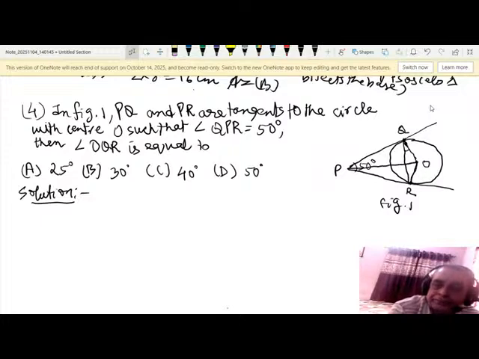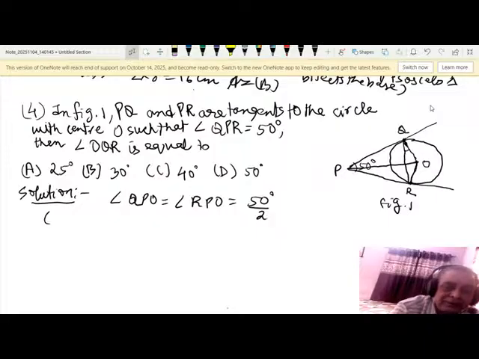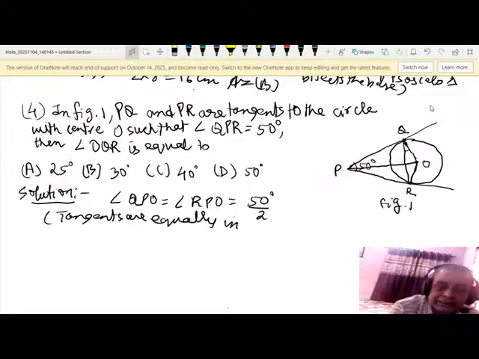Now here the angle QPO is equal to angle RPO, each half of 50 degrees. Reason: tangents are equally inclined to the line joining the center.